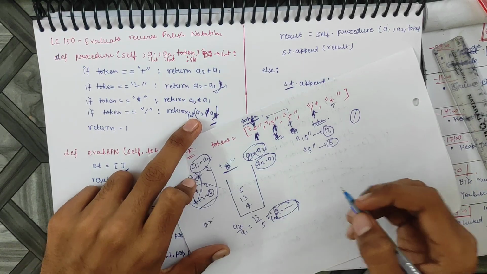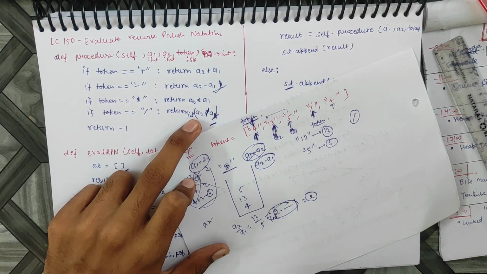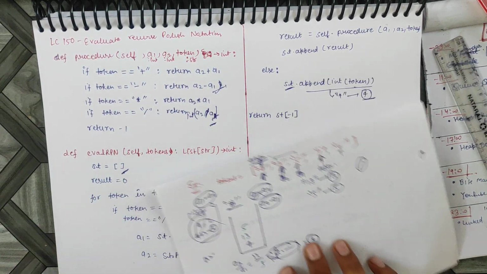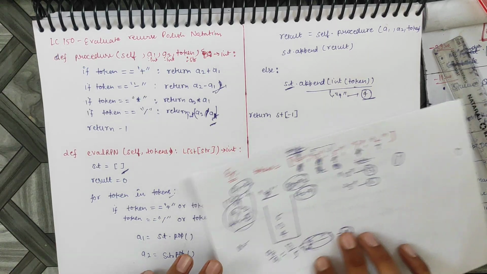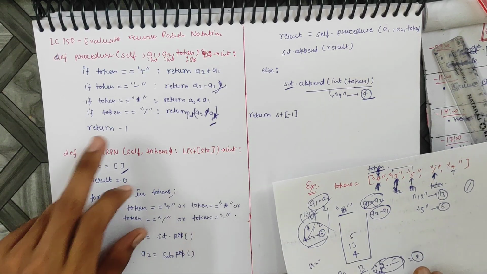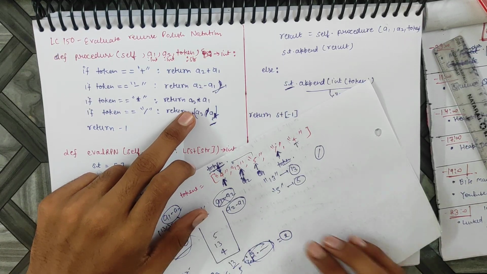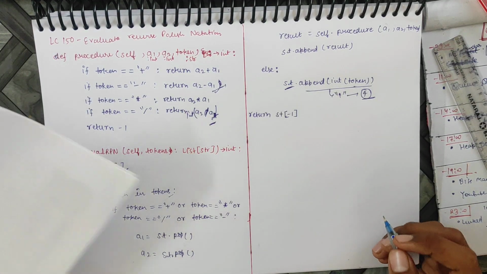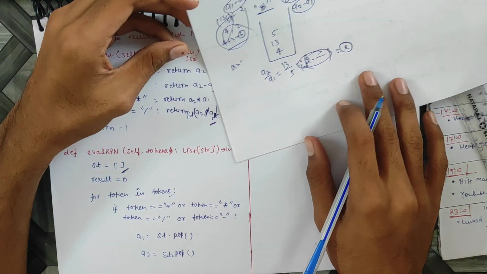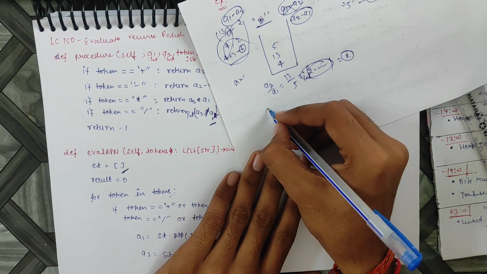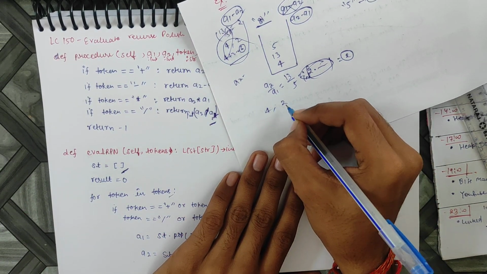Here we have written the integer value, it is 2. So now we have 2. We perform the operation, we return 2. After that we move forward. Now we have 4 and 2.